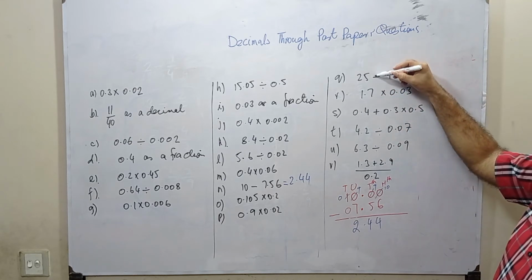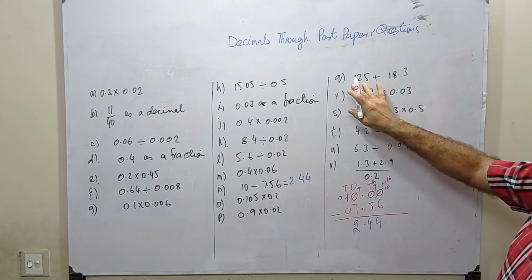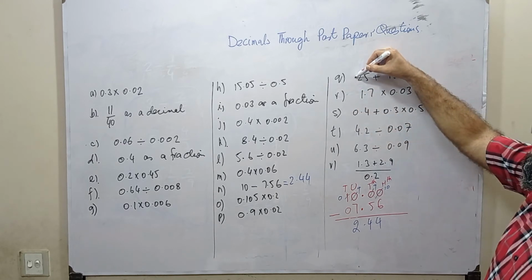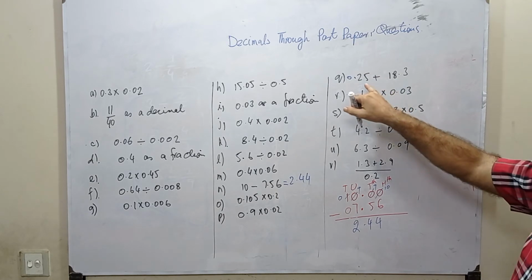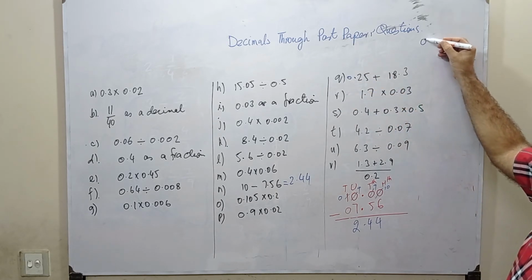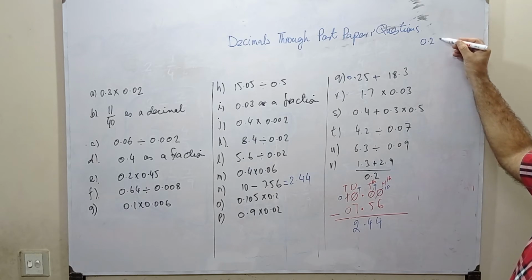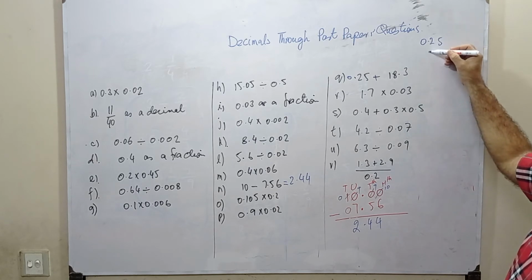Similarly, if you look at this one, this is a very similar kind of question. Let me change this to addition over here. So let's say we have to add these two. Again, there is no decimal, okay? Let me make it 0.25 so that it looks different. So we have to add 0.25 with 18.3. I'll be writing 0.25, okay? And since the decimals have to be aligned, I'll put a decimal under the decimal.